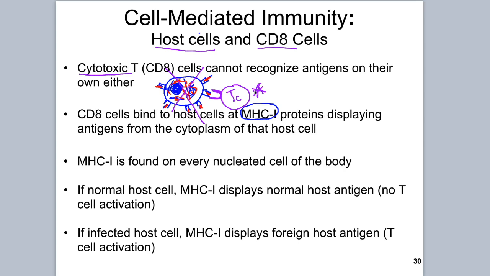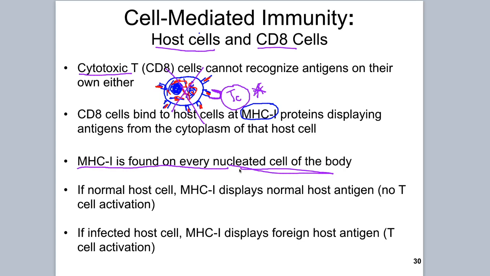If we have these red foreign proteins presented to the cytotoxic T cell, then the T cell will kill the infected host cell and it will start an immune response. It will become activated. So MHC1, this protein that displays these little foreign antigens and host antigens, just little proteins found in the cytoplasm of this cell, is found on every nucleated cell in the body.